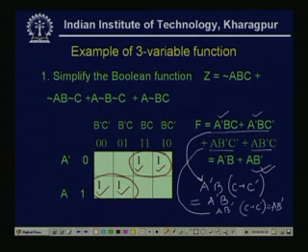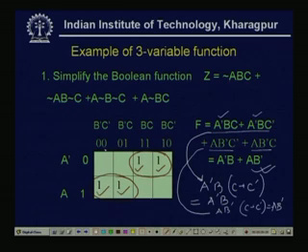B bar is fixed for the first 2 columns, whereas c exists both in complemented and uncomplemented form, so it will nullify. So, from the first 2 columns b bar will be there, and for the second row it will be a, so it will reduce to a b bar. In that way we can directly tell that it will be a b bar.